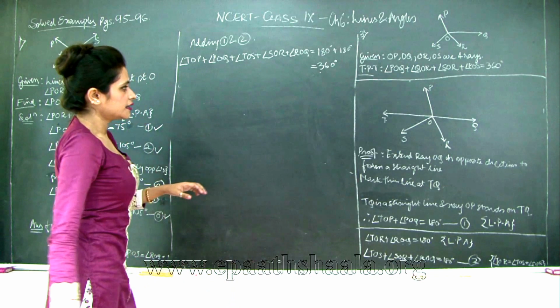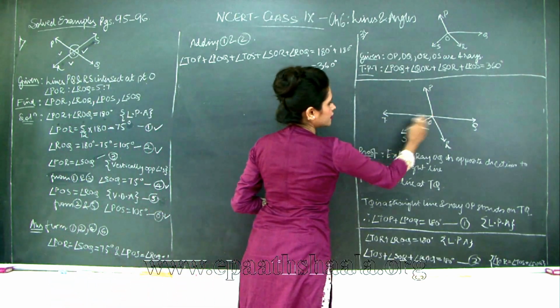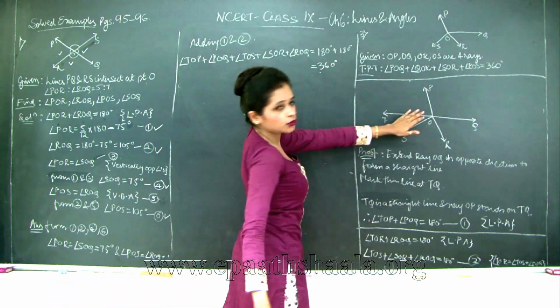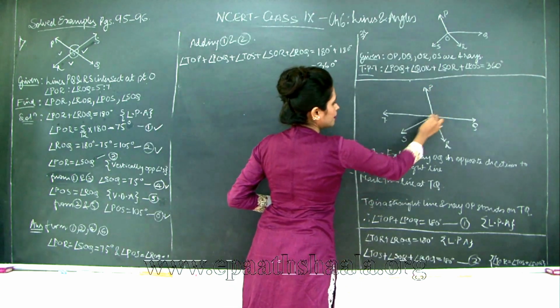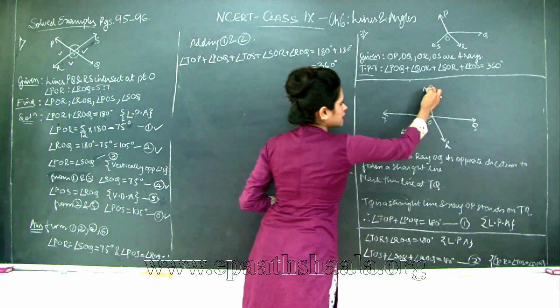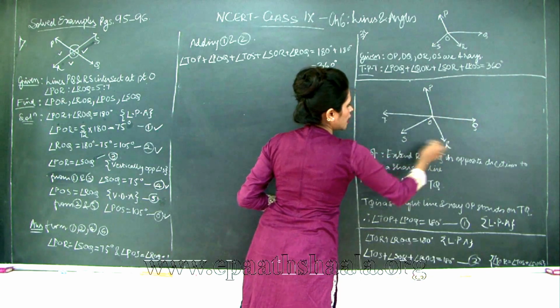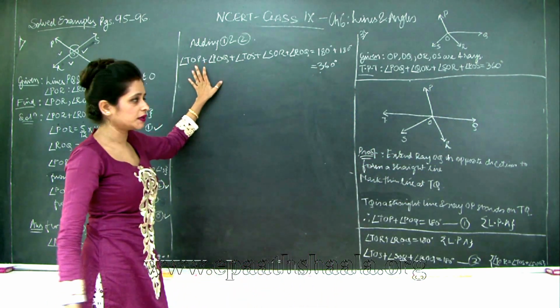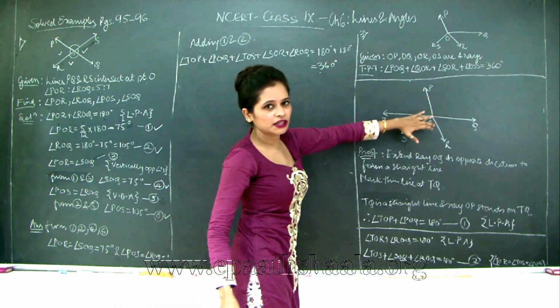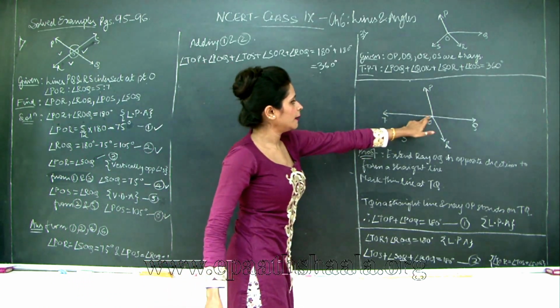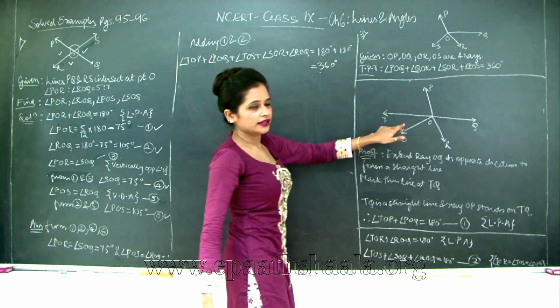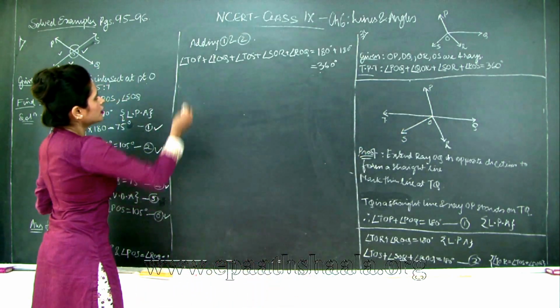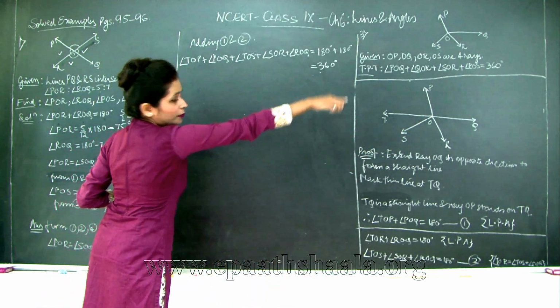Now, let's see. This is the construction that we have done, right? OT. We do not want it because we need to prove that POS plus POQ plus QOR plus SOR is equal to 360 degrees. So, now we have to take two angles between this just to make it POS. So, what are those two angles going to be? POT and TOS. So, let's mark it. It's TOP or POT.